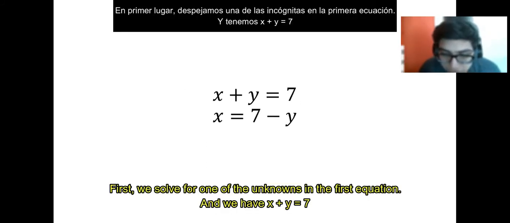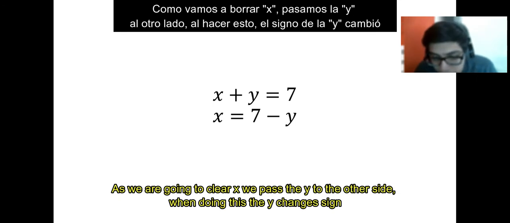First, we solve for one of the unknowns in the first equation, and we have x plus y equals 7. As we are going to clear x, we pass the y to the other side. When doing this, the y changes sign.